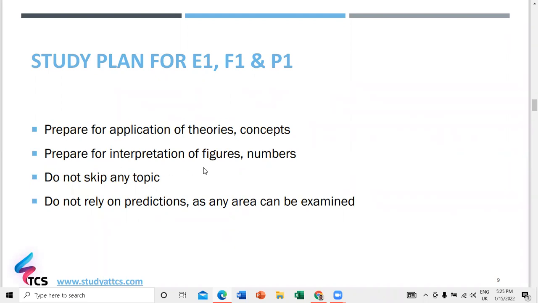Prepare for interpretation of figures or numbers. You don't need to carry out any calculations, because in the OTQ exams you need to do some calculations. However, in the operational case study, or any case study for that matter carried out by CIMA, you are not supposed to do any calculations, because the numbers will be provided as part of the question. Let's assume there is a question pertaining to variance analysis.